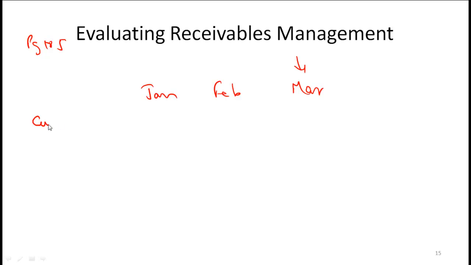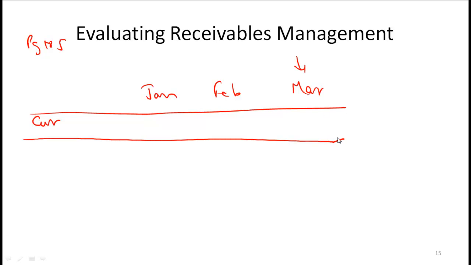So one refers to your current receivables. Current means all receivables that are still not overdue. So if you have given terms that payments must be received within 30 days of sale, those are current.